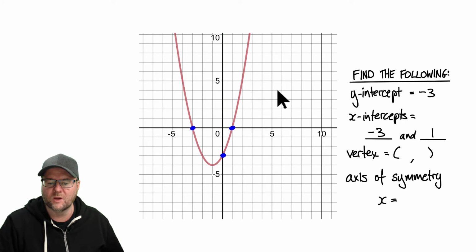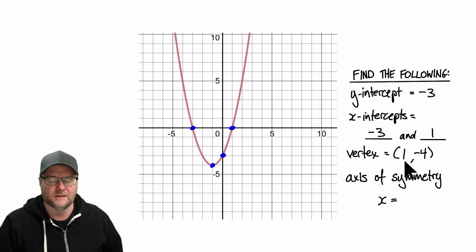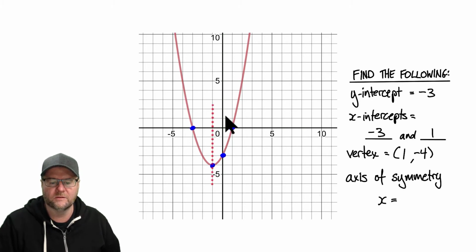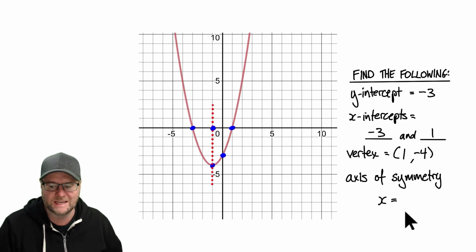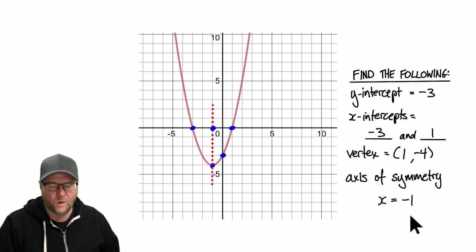The vertex is the coordinate where the curve changes direction, or the tip of it, and I can see that that is at the coordinate -1, -4. So it has a vertex, oops, my typo there, that should say -1, -4. And the axis of symmetry is, once again, a vertical line that runs through that. It's at the x value of -1. So I'd say the axis of symmetry is x equals -1.